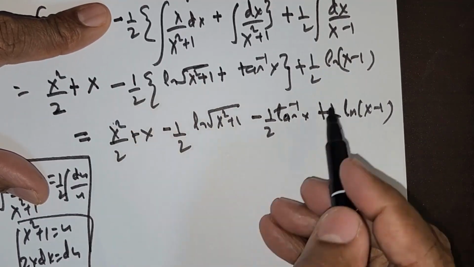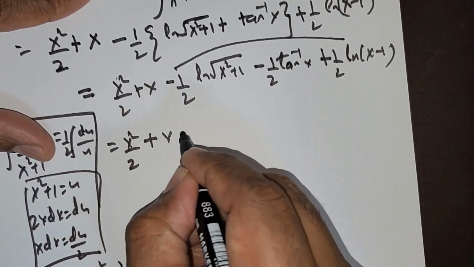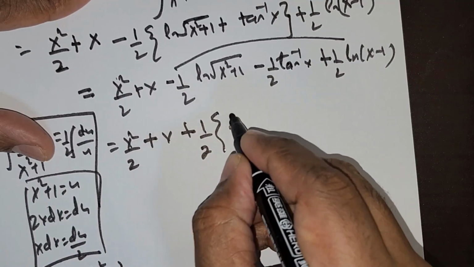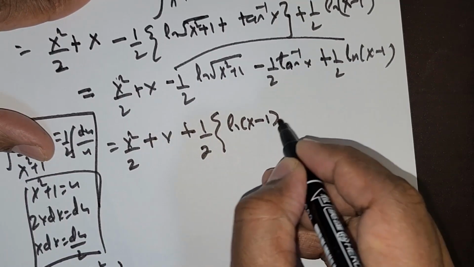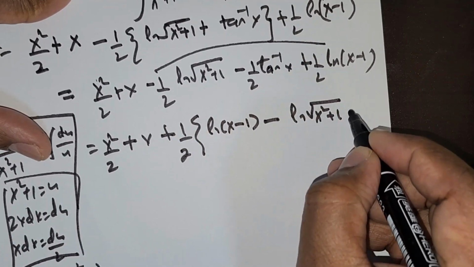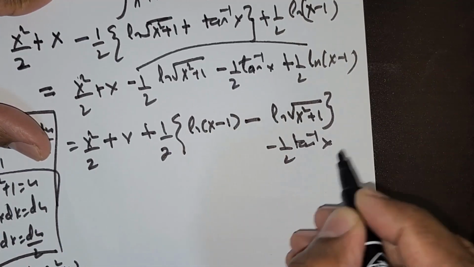Can I club these two together? So I club these two together. I write x squared over 2 plus x plus 1 over 2. I'm going to write it as ln of x minus 1 minus ln of root of x squared plus 1. That's one term, followed by negative 1 over 2 tan inverse of x.